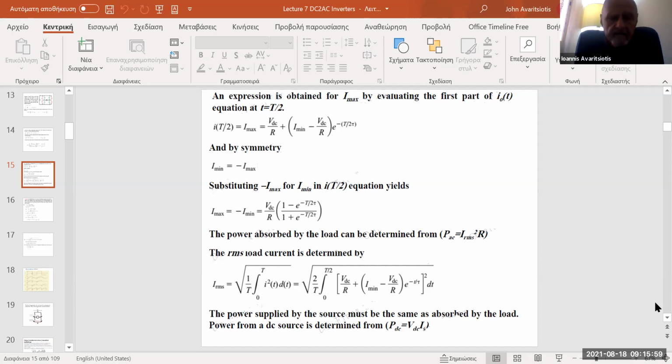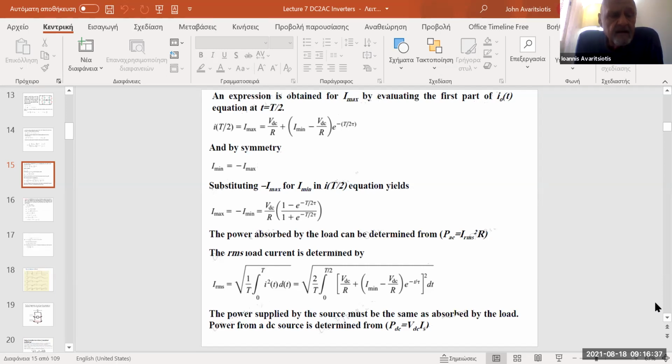the next case is to calculate the power which is absorbed by the load. And as you remember, if you have an RL load, when L is assumed to be ideal, all of the power will be absorbed by the resistive part of the load. In other words, you have to calculate the power absorbed by the resistive part of the load in this case.